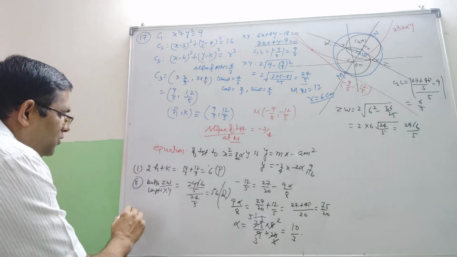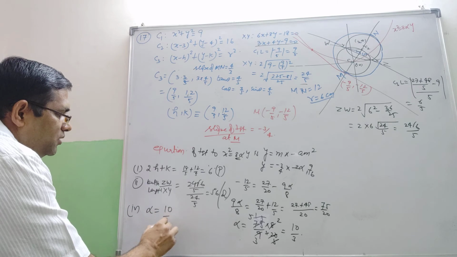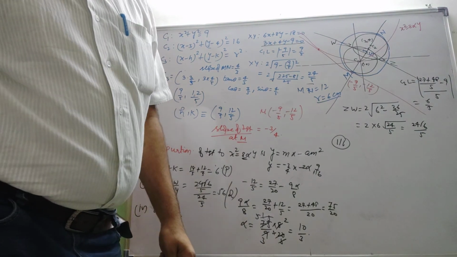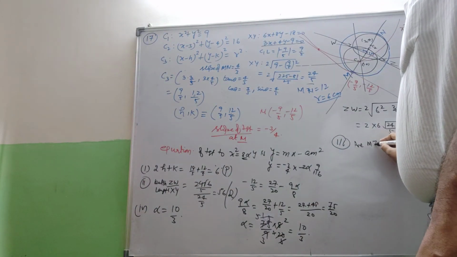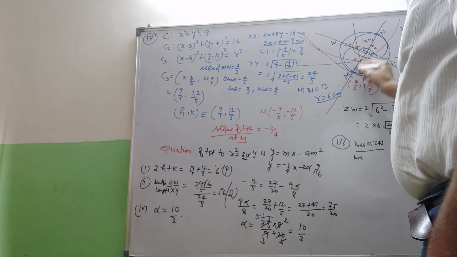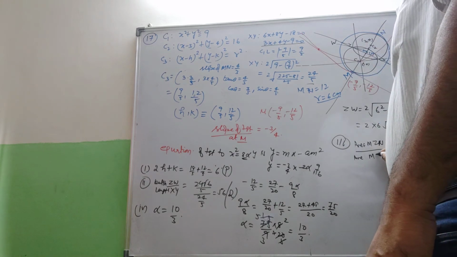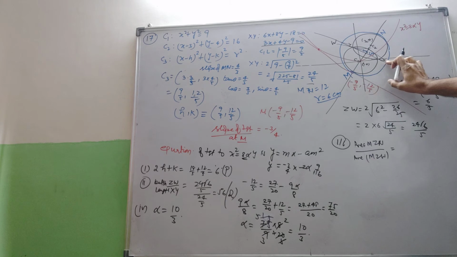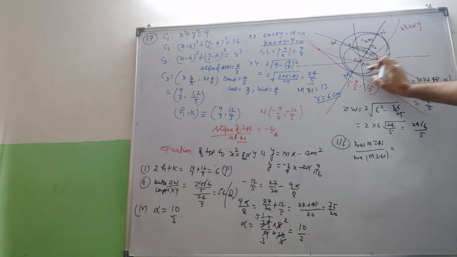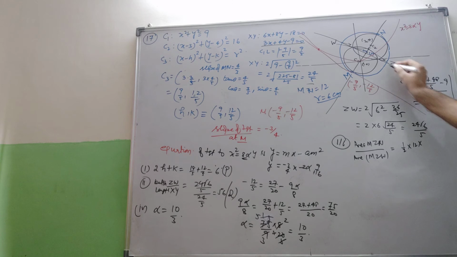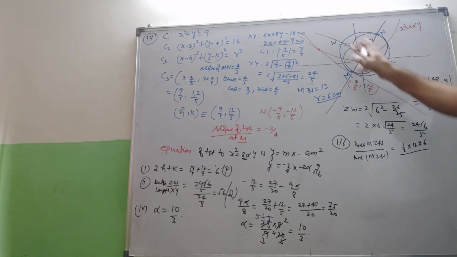Now in the fourth option, alpha is equal to 10 by 3, and in the third option, the area of triangle MZN divided by the area of triangle MZW. For MZN, area is 1 by 2 into base into height, base is 12, height will be the radius, that is 6, divided by MZW.